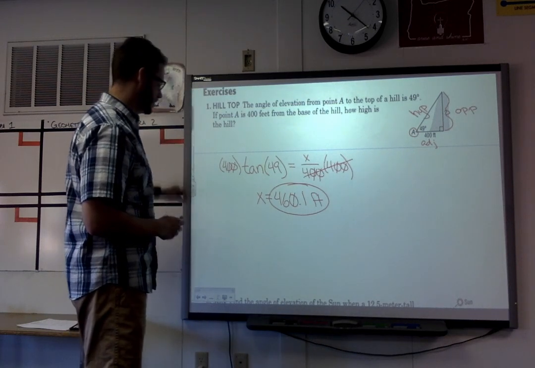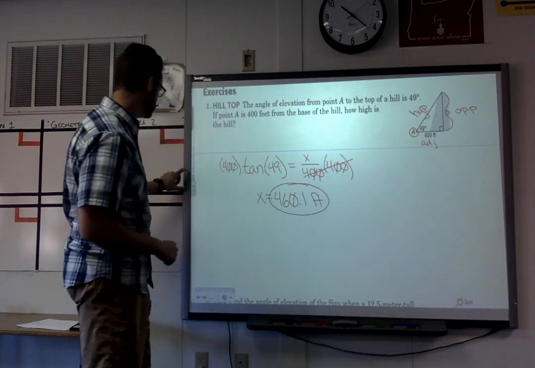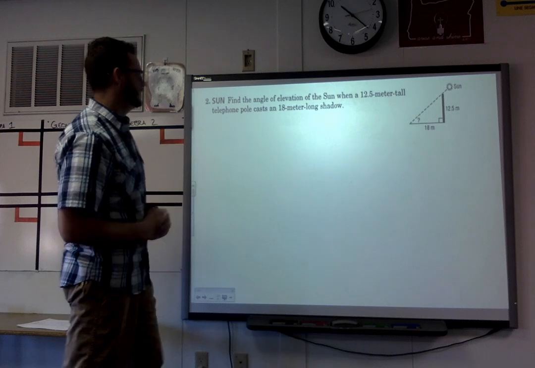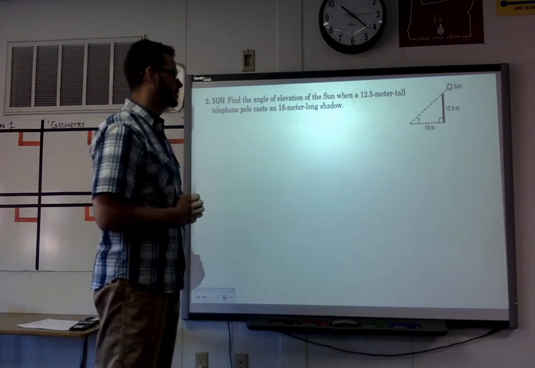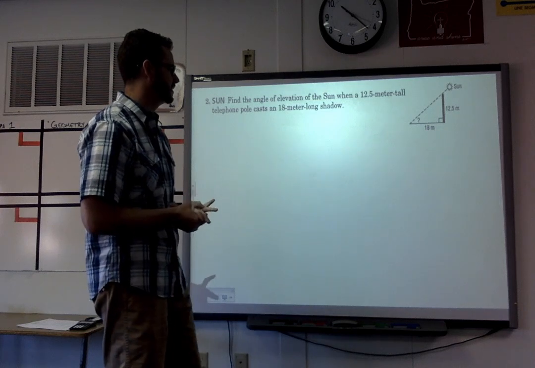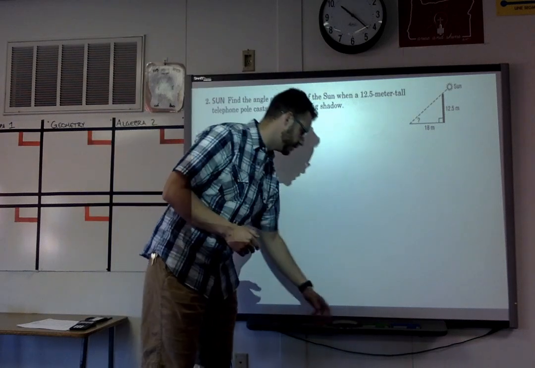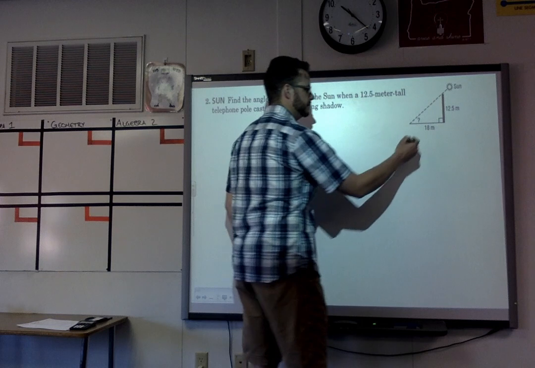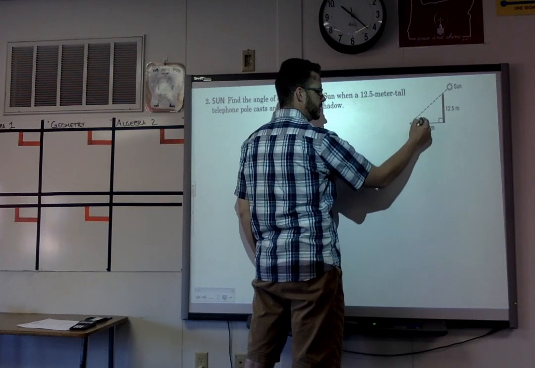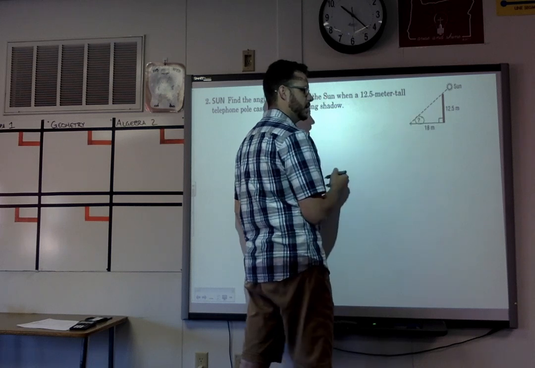So let's go ahead and do another one here. This time, find the angle of elevation of the sun when a 12.5 meter tall telephone pole casts an 18-meter long shadow. So for this one, we're working with this angle right here, which we don't know.